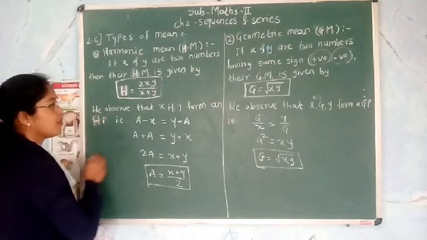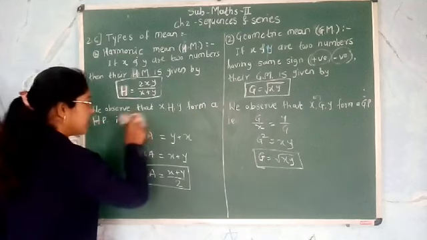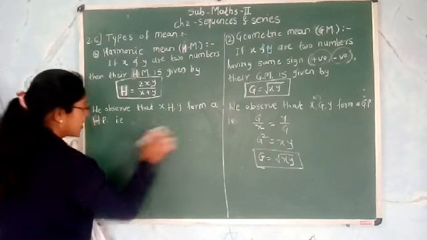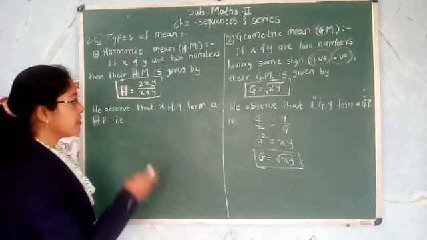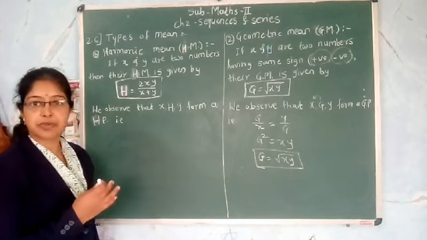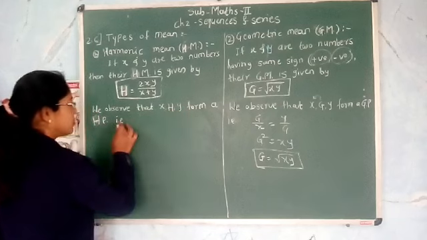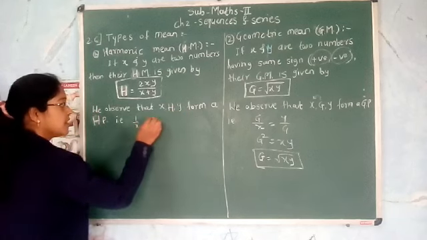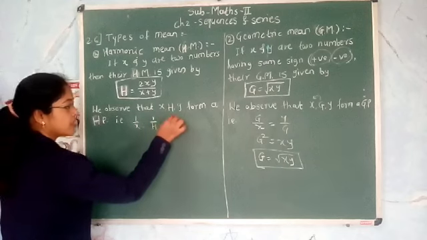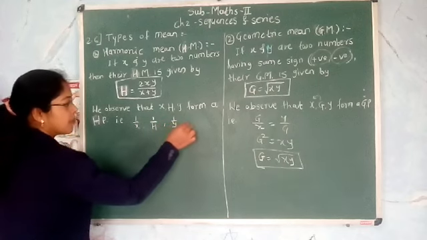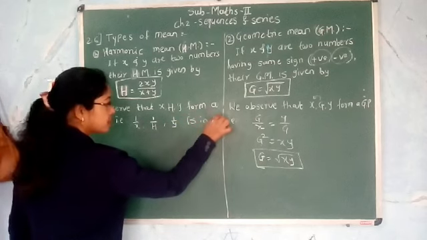आता x, h and y form HP. That is HP आहेत म्हणजेच काय आहे, लास्ट लेक्चर मध्ये आपण पाहिलं की जर सिक्वेन्स HP मध्ये असेल तर त्यांचा रेसिप्रोकल काय असतो, AP मध्ये असतो. म्हणजे x, h, y form HP, that is 1 upon x, reciprocal of x is 1 upon x, reciprocal of h is 1 upon h, reciprocal of y is 1 upon y is in AP.